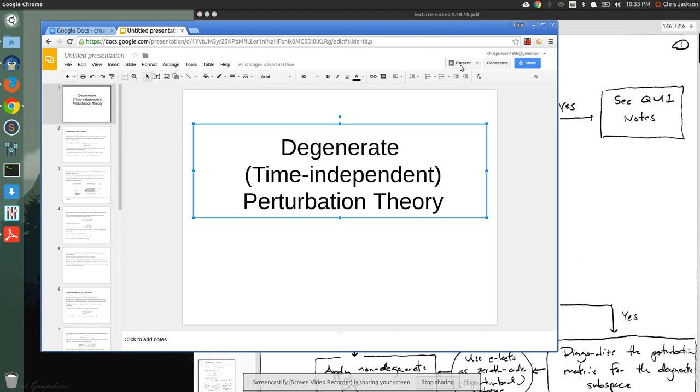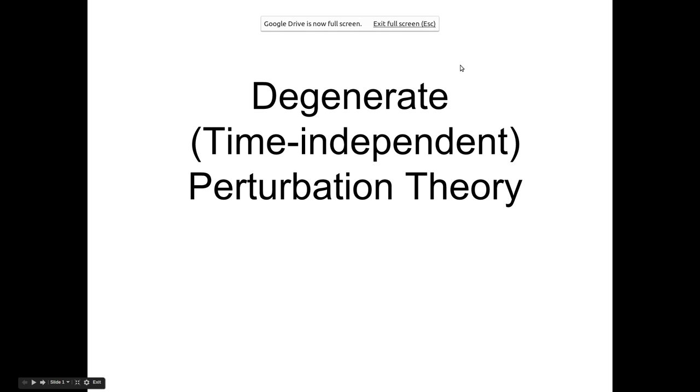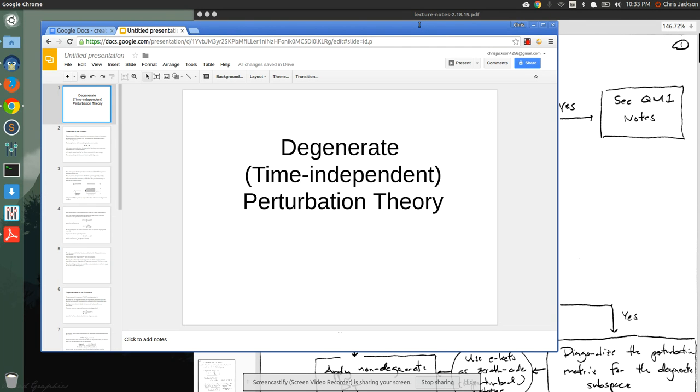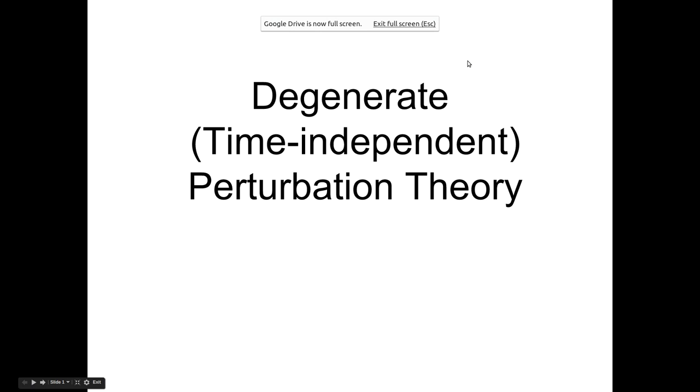Okay. So what I want to do today is talk about degenerate perturbation theory. So far, we've always considered cases where there weren't any degeneracies in the energy eigenvalues.